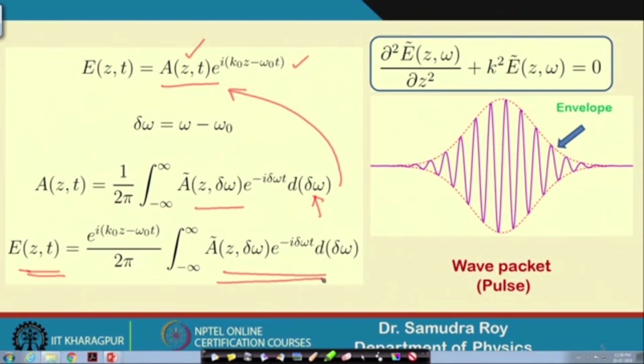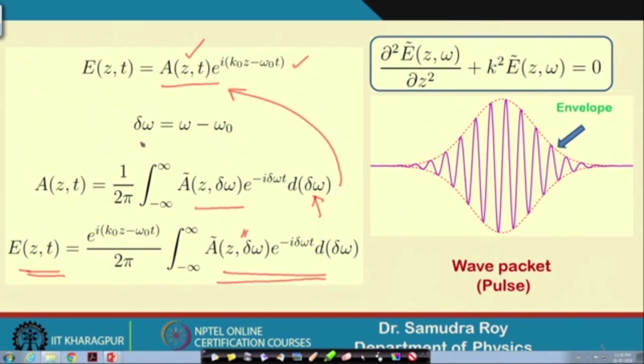My total E is now of this form, where A is the envelope, representing the amplitude of this envelope. Inside the envelope we have some frequency distribution, and this frequency distribution is omega 0.